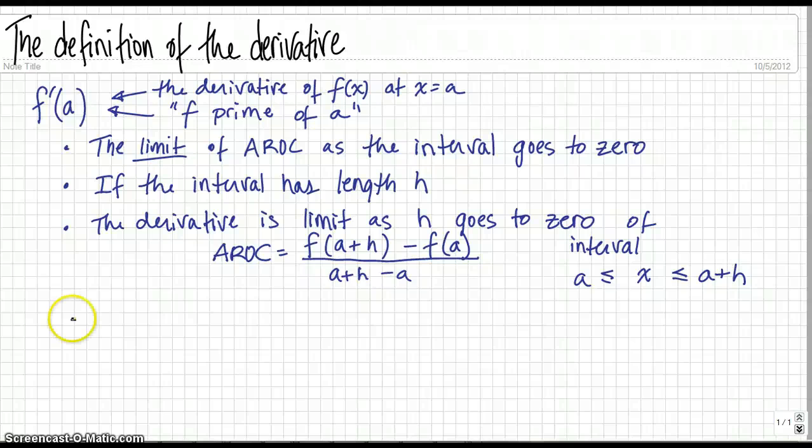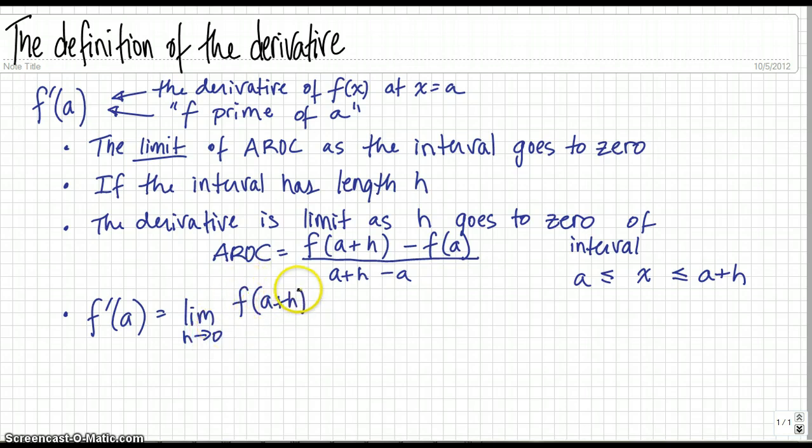But we need to put a limit on this. So when we want to write it all together, we're going to say f prime of a is going to be equal to the limit as h goes to 0 of f of a plus h minus f of a, and notice the bottom of the fraction I wrote above ends up just being h, because those a's are going to cancel out.